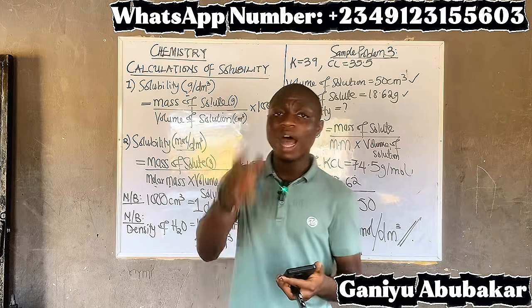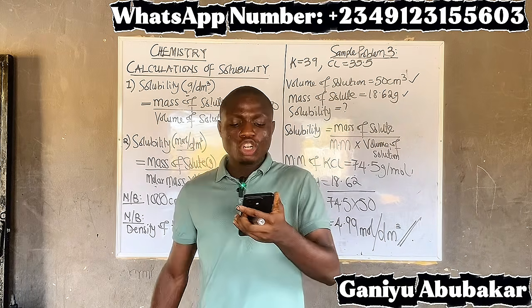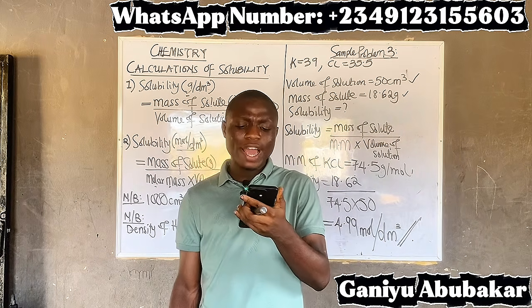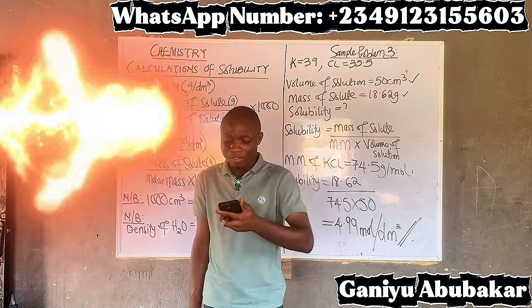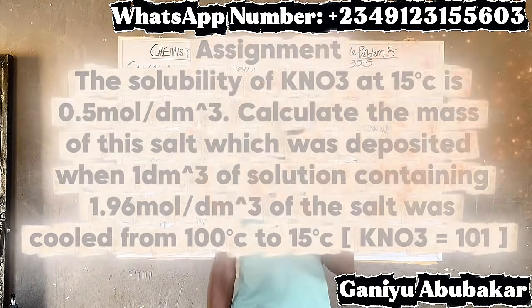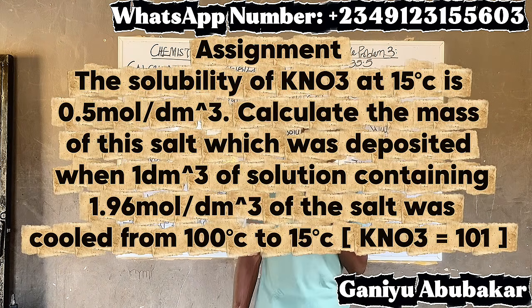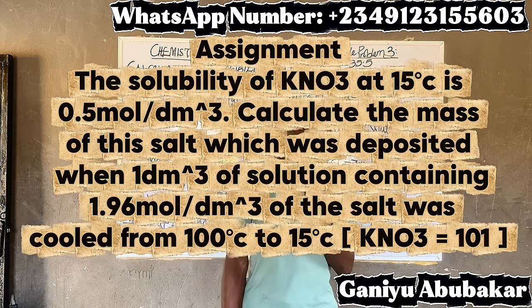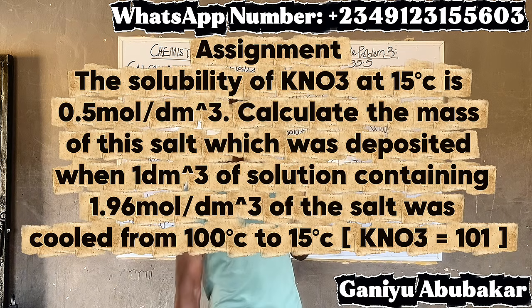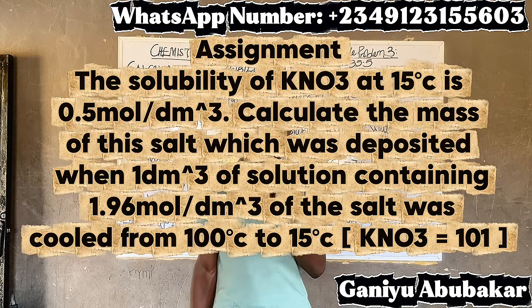Before we go, assignment please. The solubility of KNO3, potassium nitrate, at 15 degrees Celsius is 0.5 mole per dm cube. They give the solubility.